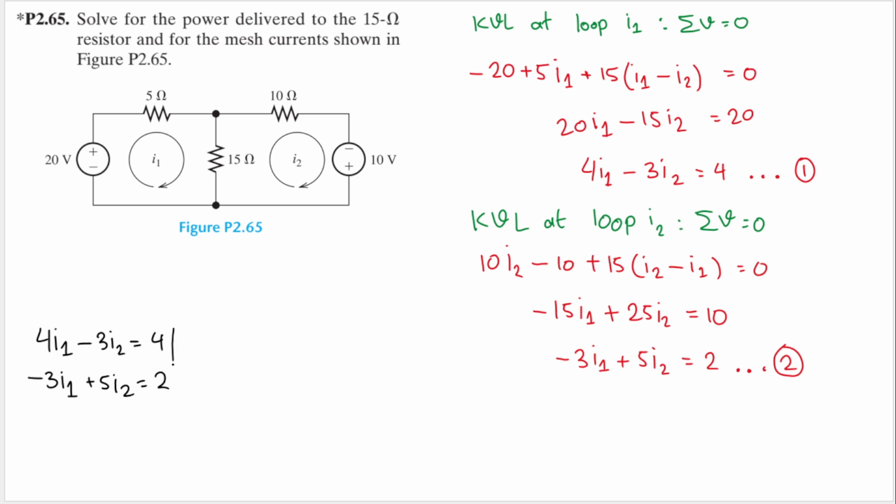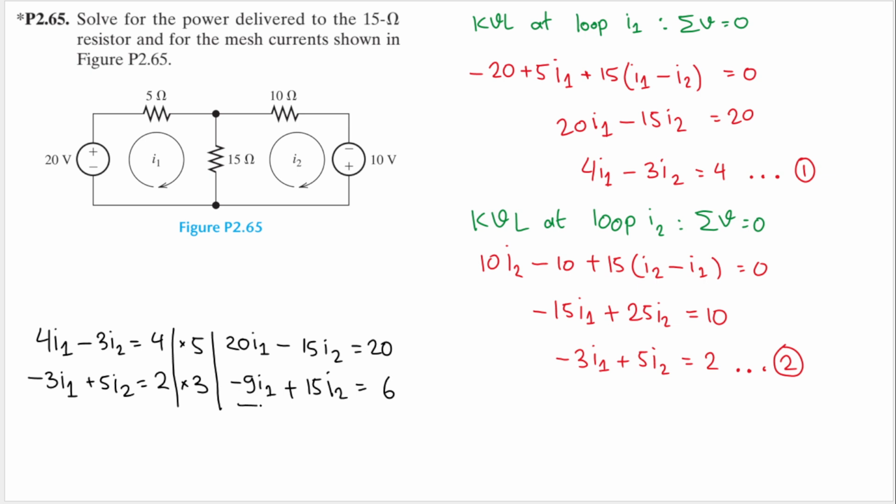Okay, maybe let's multiply the first equation by 5 and the second by 3, because I want to get rid of I2. So we will have 20 I1 minus 15 I2, and that will equal 20. And for this one, I will have minus 9 I1 plus 15 I2, and that will equal 6.